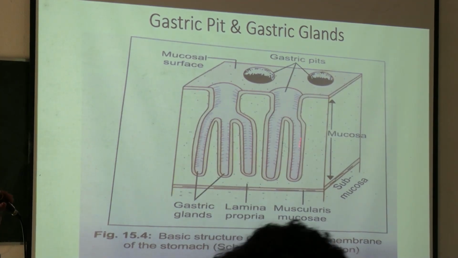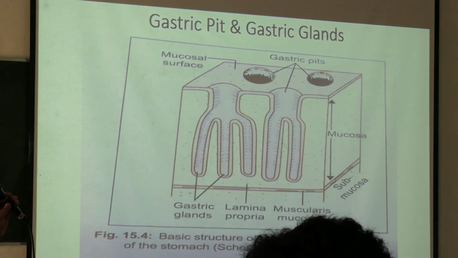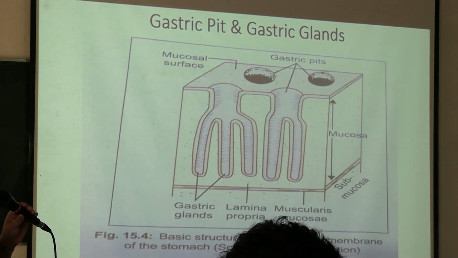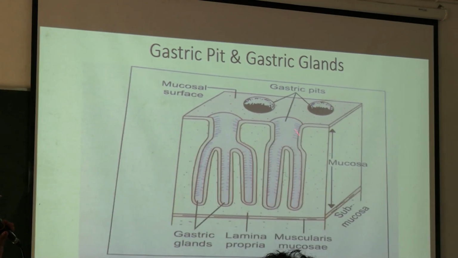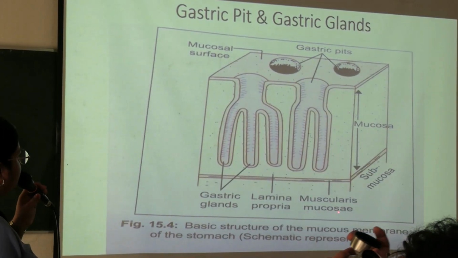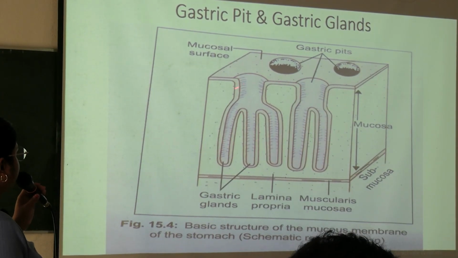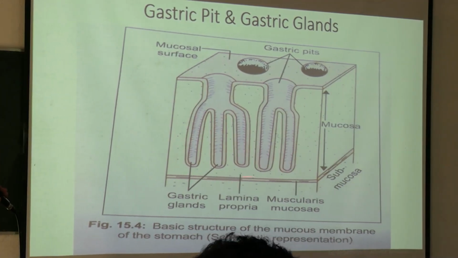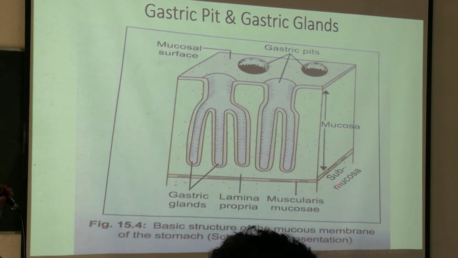Surface epithelium is simple columnar type of epithelium, and there will be invaginations from the epithelium, and these are known as gastric pits. These are the openings of the gastric pits. Okay, so this is epithelium, this is lamina propria, this is muscularis mucosa. After that, there will be submucosa.